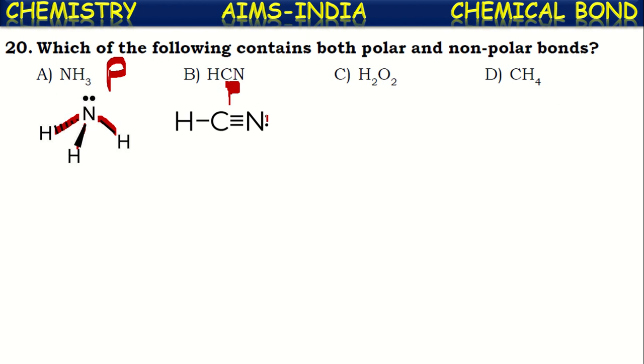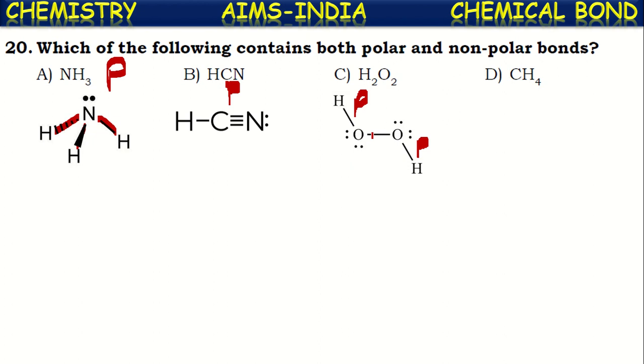But if you see H2O2, which we call hydrogen peroxide, here between oxygen and hydrogen, the covalent bond formed will be polar in nature, isn't it? Because out of these two, oxygen is more electronegative, hydrogen is less electronegative, and hence the bond will be polar in nature. And this is also a polar bond.